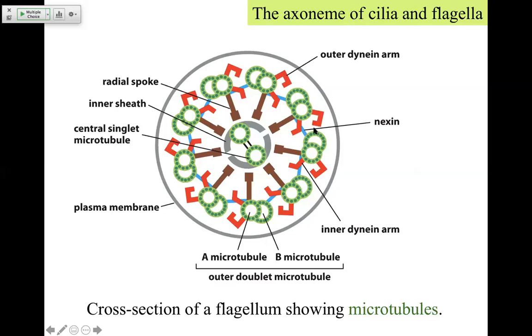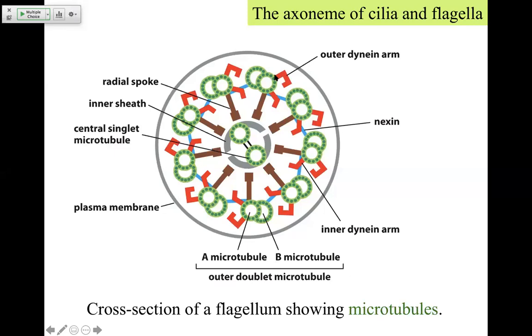Microtubules are arranged in doublets, 9 of them around the periphery, covered by our plasma membrane, and 2 single microtubules in the center. So we call this the 9+2 array of microtubules that make up an axoneme, which also is associated with some other proteins.